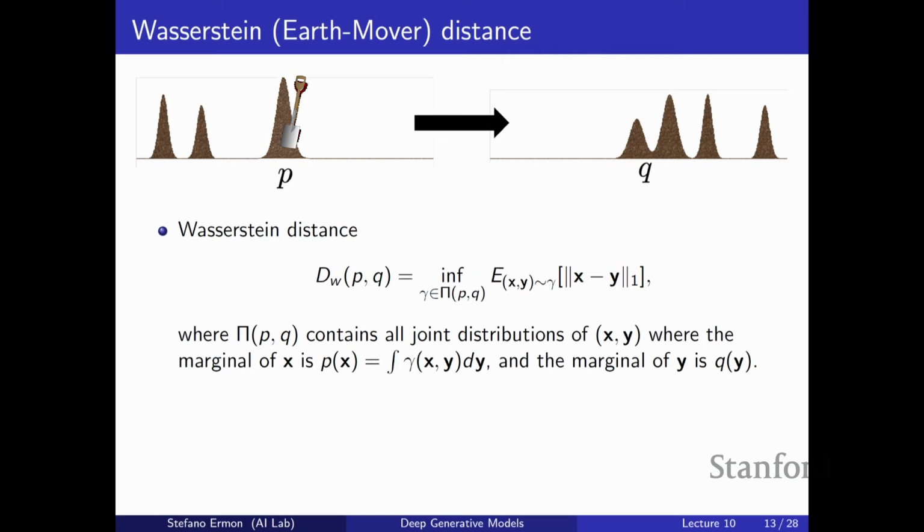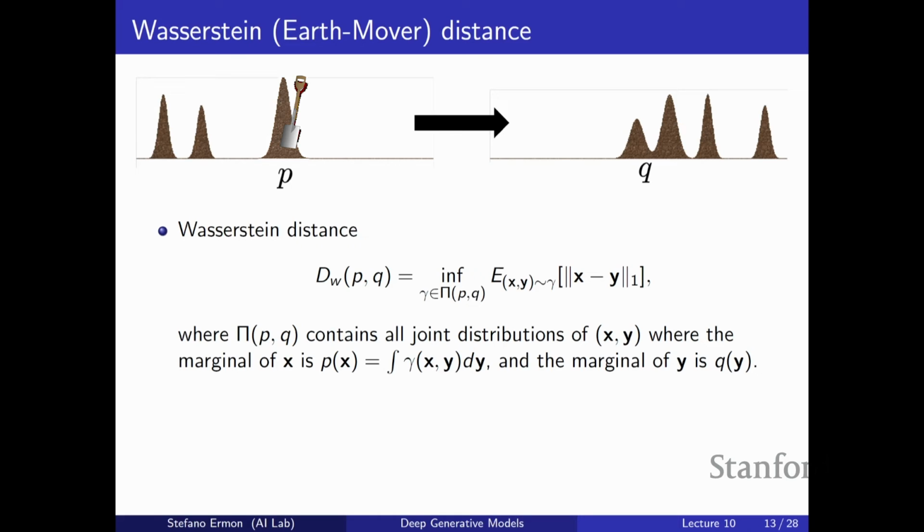And so what this is saying is that this condition here, that the marginal over x is p(x), is saying that at the beginning, you can't move more probability mass than what you started from at x. And the fact that the marginal over y is q(y) means that the final result, the amount of earth that you find at position y, is indeed the one that you want to get in the final configuration, which is the one you're trying to get to.